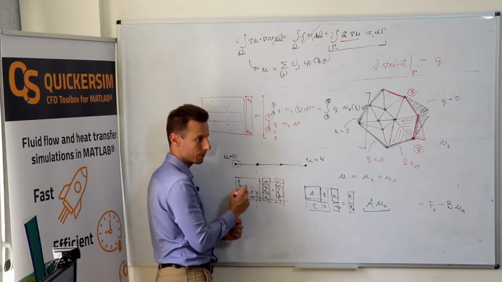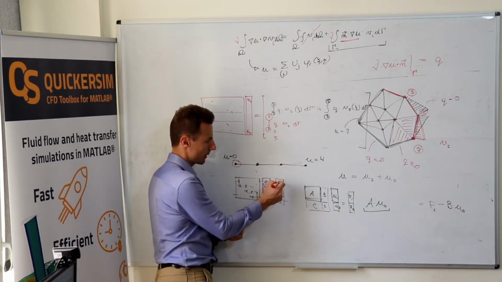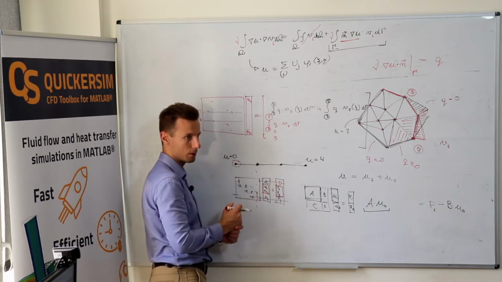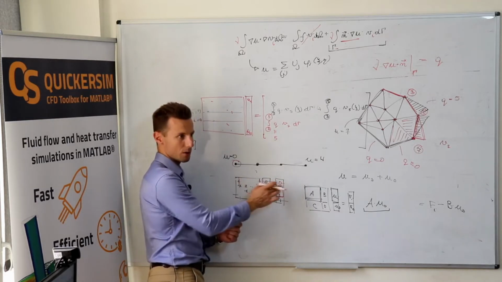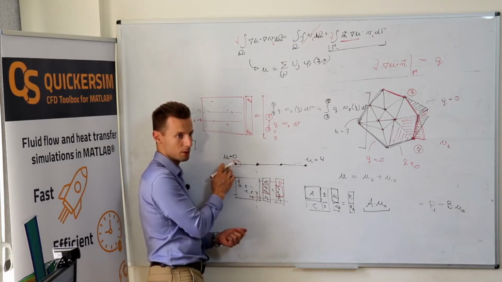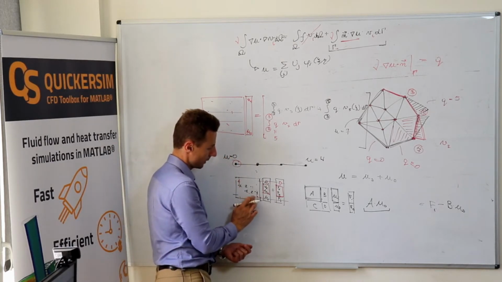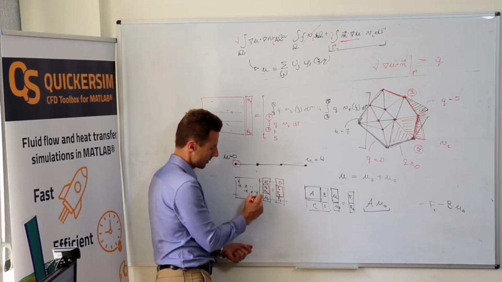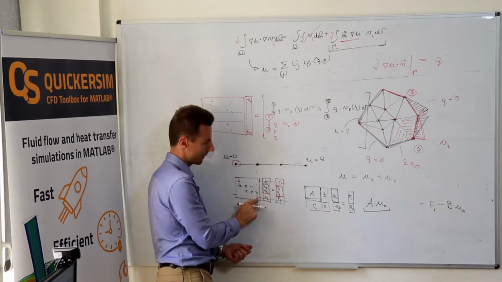Let's write 1, and let's replace this by 0, because it's already the proper equation to enforce this boundary condition. Then let's also replace the whole row by just 1 on the main diagonal.